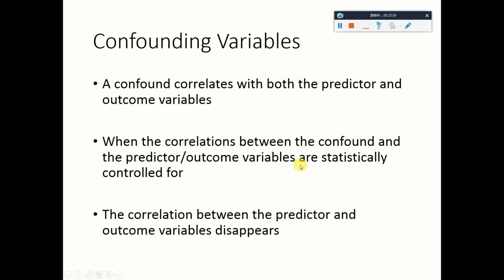Once these two correlations are statistically removed, that will be another way to express the same idea. Then the original correlation that existed between the predictor variable and the outcome variable will become zero. When that happens, we'll say that the third variable is a confound.